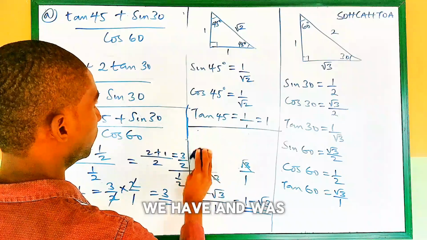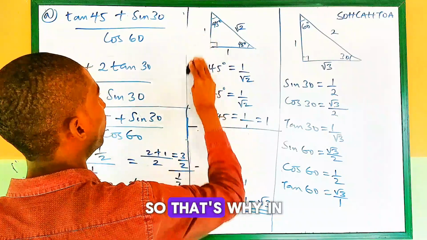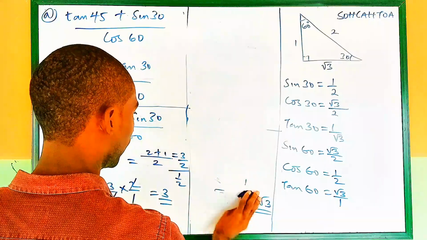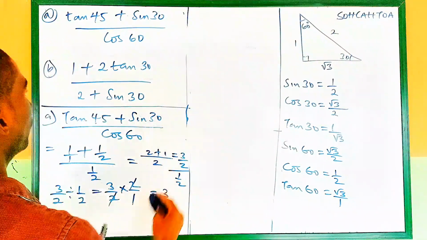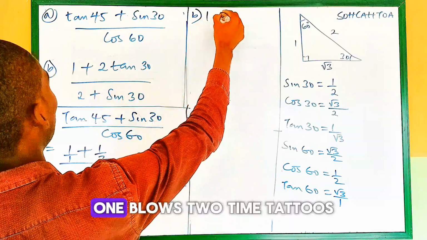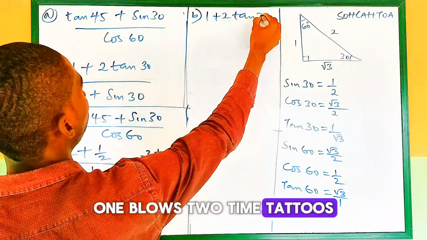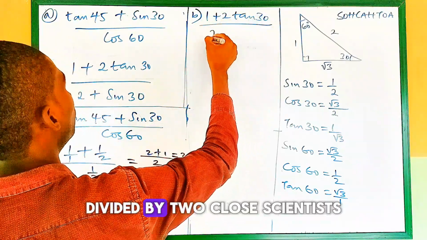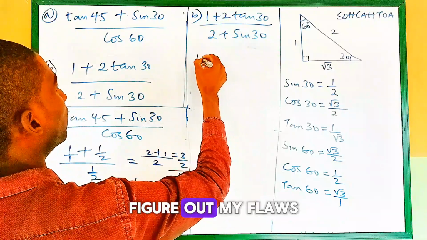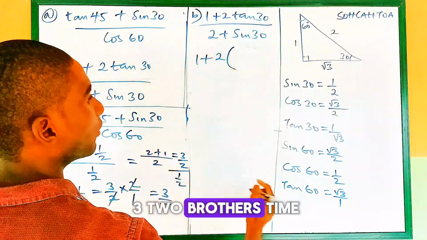we have angles 30 degrees, so let's wipe the 45 degrees. So here we have 1 plus 2 tan 30 divided by 2 plus sine 30. So you're going to have 1 plus 2 into bracket.